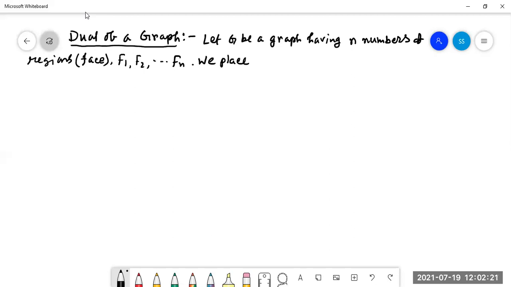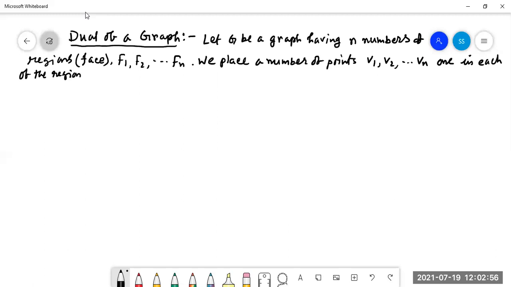We place a number of points V1, V2 dot dot Vn, one in each of the regions respectively.